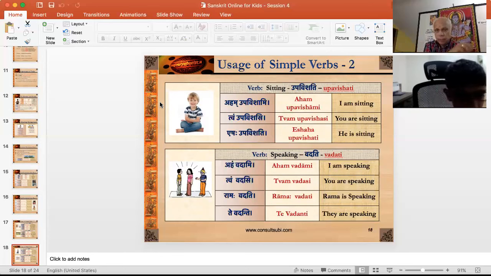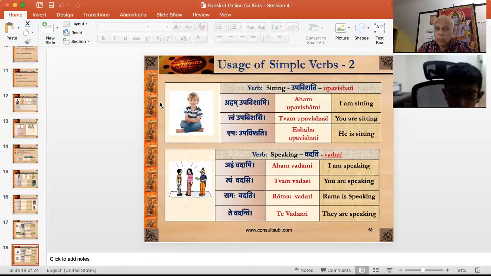He's sitting. Likewise, if you take the verb speaking, in English it's only speaking, vadati. But in Sanskrit you have aham vadami, I am speaking. Tvam vadasi, you are speaking, you say tvam vadasi, not vadami, vadasi. Ramaha vadati, third person. Te vadanti, they are speaking.